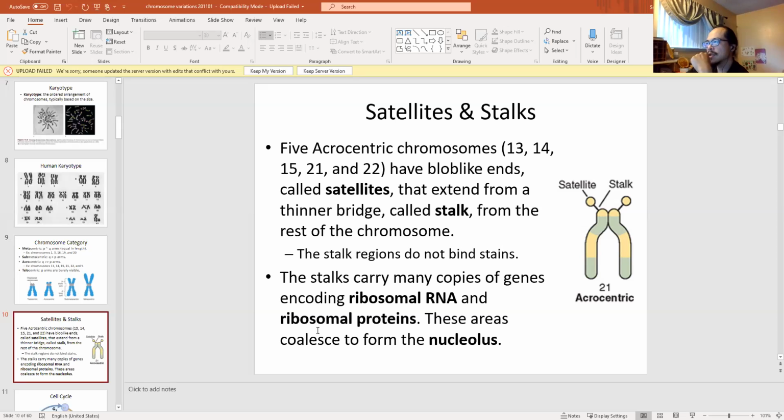So that is important information that you also need to know: where the ribosomal RNA is transcribed from. The majority of it is transcribed from these acrocentric chromosomes in the stalk area, in this short arm.